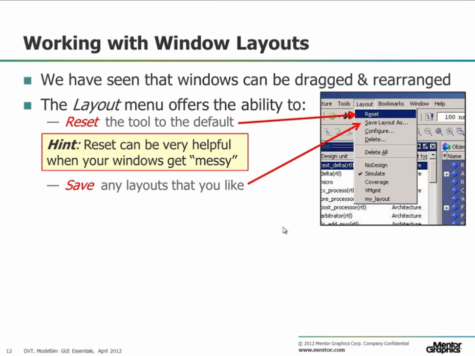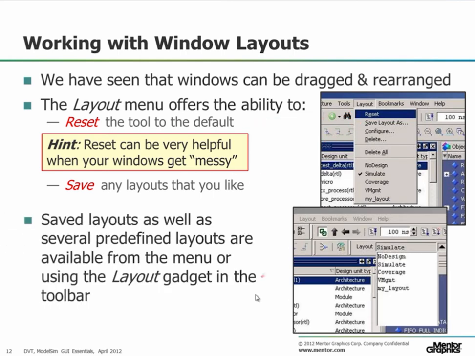Now, if you create a layout that you like, you've moved windows around, you've got it all set up, you probably want to save that layout so that it will be available later to come back to as my layout. Saved layouts, you can grab them from that layout main window, or you can grab them from the little layout gadget that ends up on your toolbar.